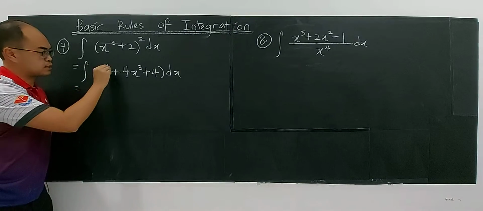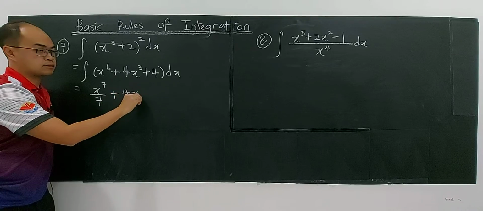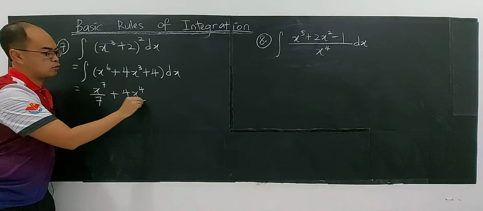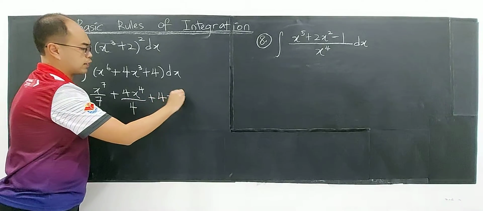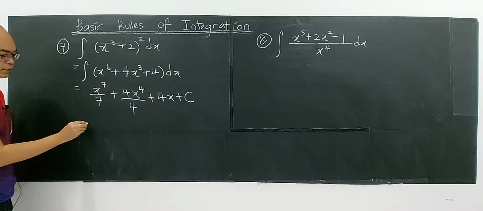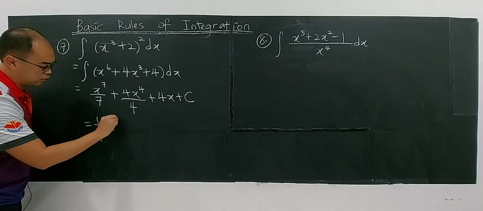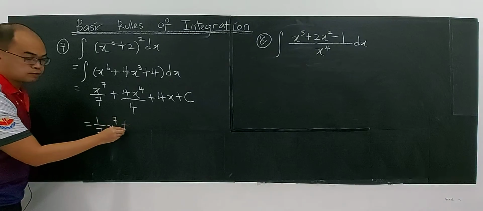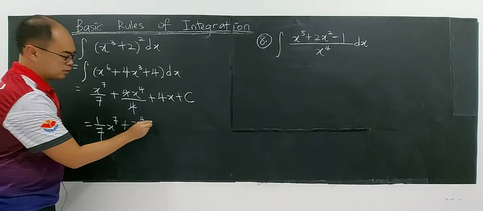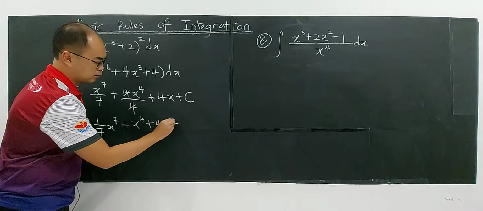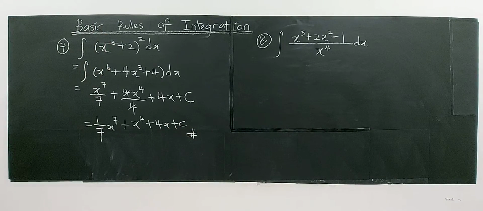So it becomes x to the power of 6 plus 1, 7 over 7, plus 4x to the power of 3 plus 1, 4 over 4, plus with constant 4x plus c. As simple as that. So you have 1 over 7 x to the power of 7, right? Positive plus x to the power of 4 plus 4x plus c.